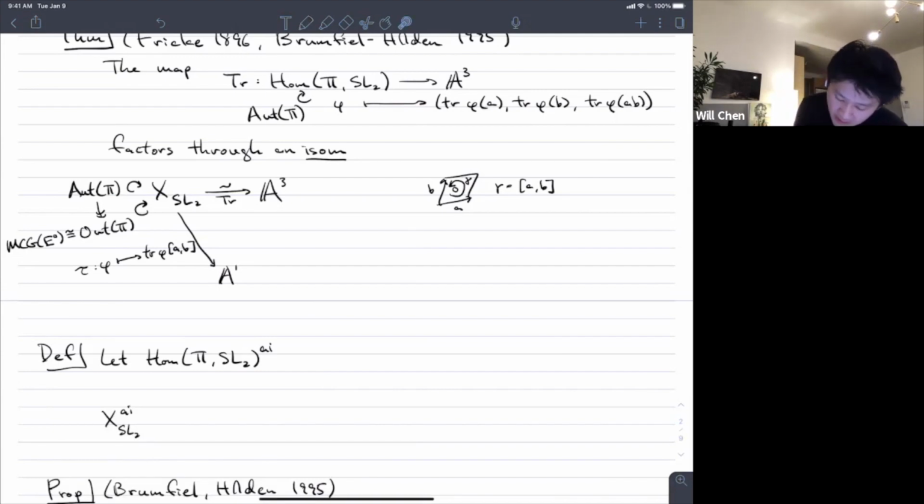So this is now well defined, but moreover, this map is actually invariant. The fibers of the map are preserved by this action of the mapping class group, or of Out(pi). And this corresponds to the fact that in SL2, any matrix has the same trace as its inverse.